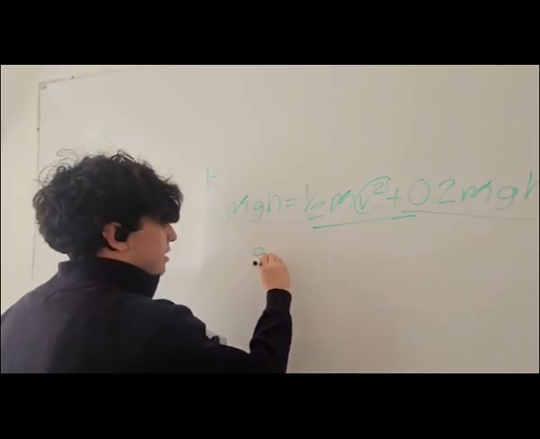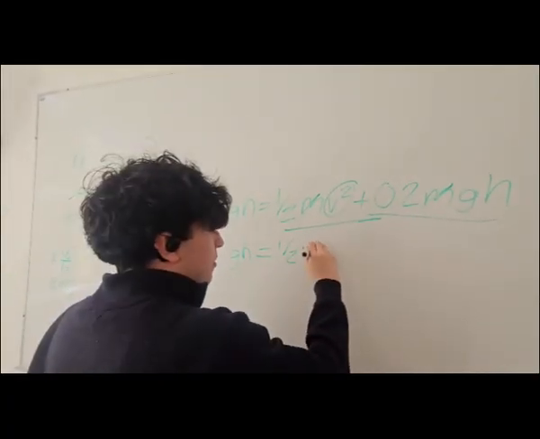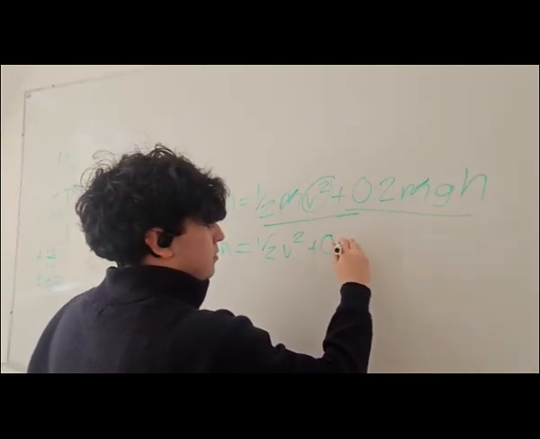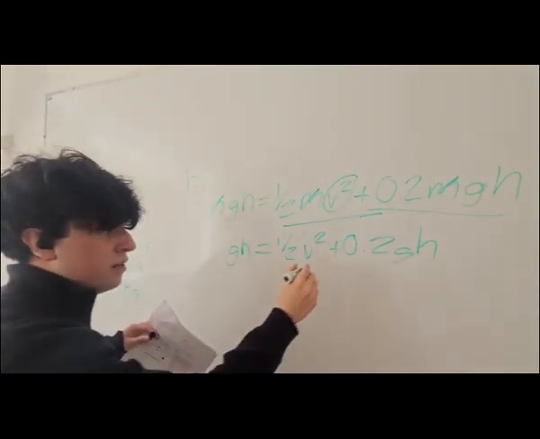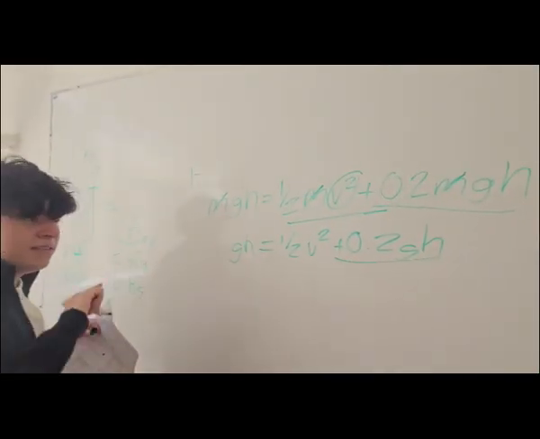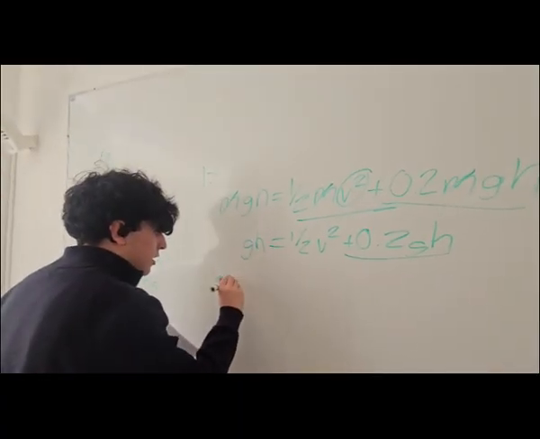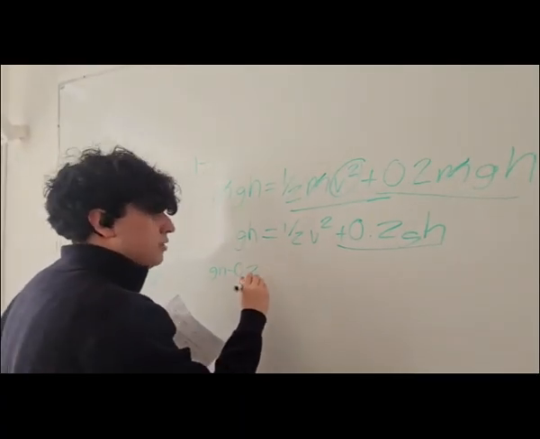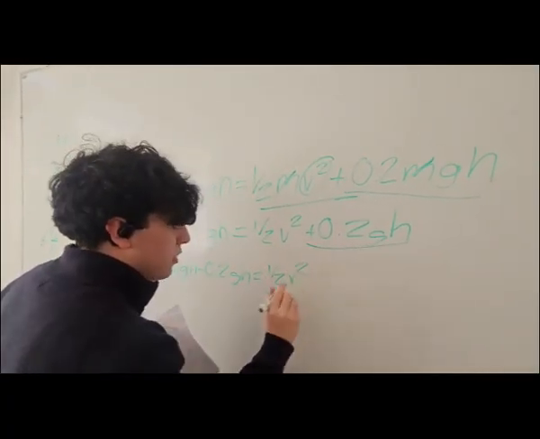So it says gh is equal to 1/2 v squared plus 0.2 gh. Perfect? And so this is a number. We can pass it subtracting. So it would be gh minus 0.2 gh is equal to 1/2 v squared.